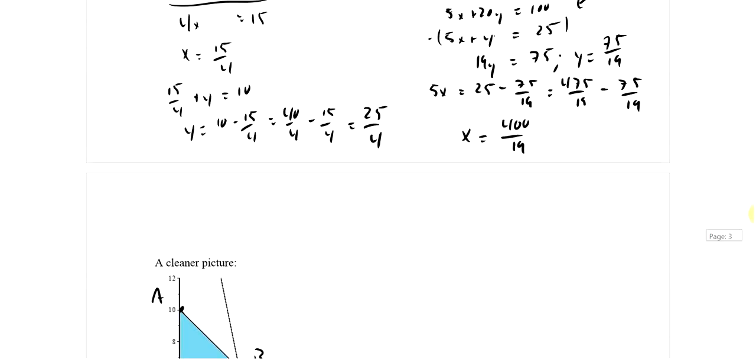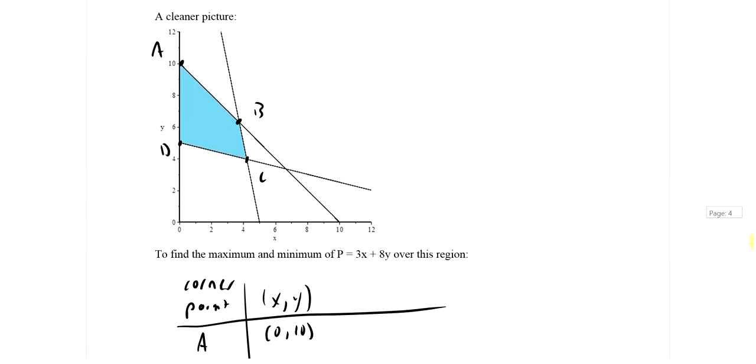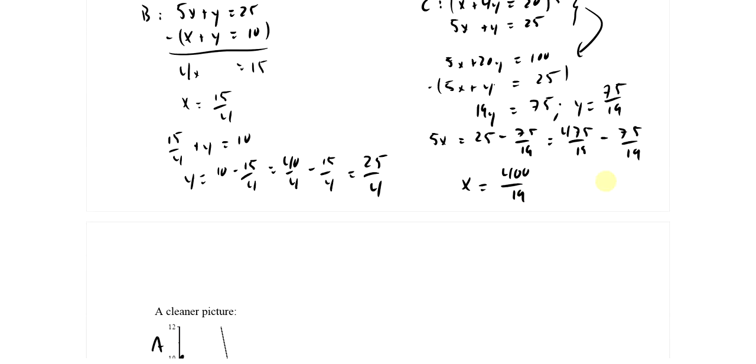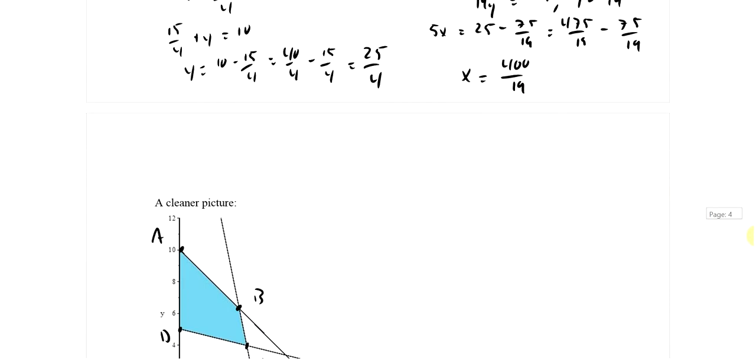For B, we did a little bit of work for. x is 15 over 4, y is 25 over 4. C, we also did a little bit of work for. x is 400 over 19, y is 75 over 19.